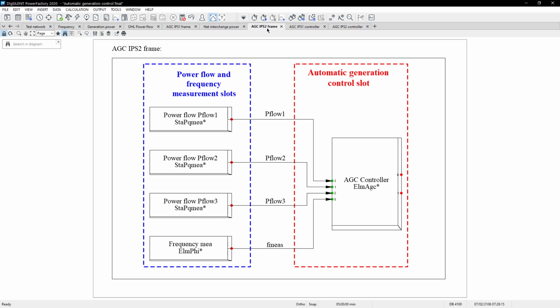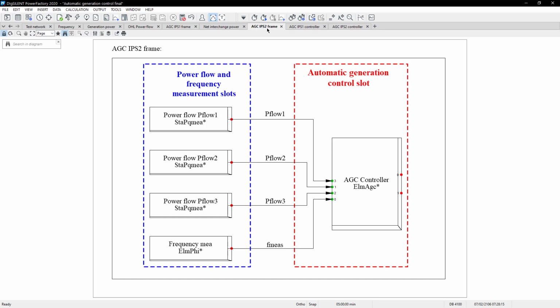If you are familiar with DIgSILENT PowerFactory, you must know that DSL is the language that we use inside DIgSILENT PowerFactory in order to create dynamic models. And those models can run inside the RMS simulations and also the EMT, okay?